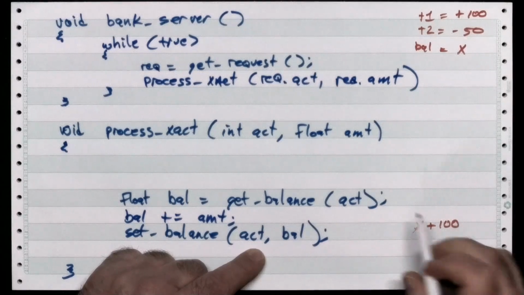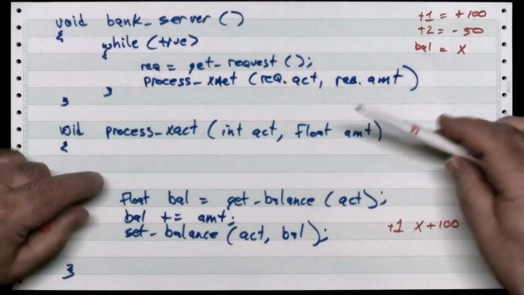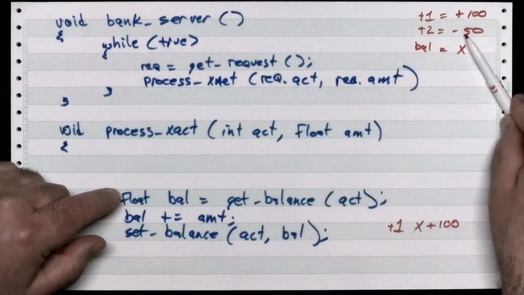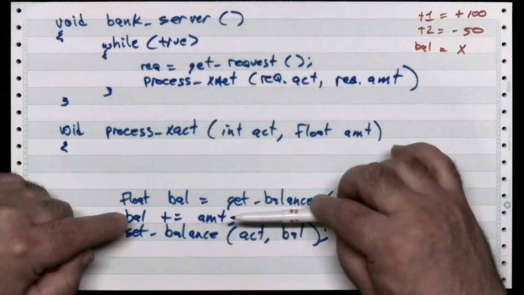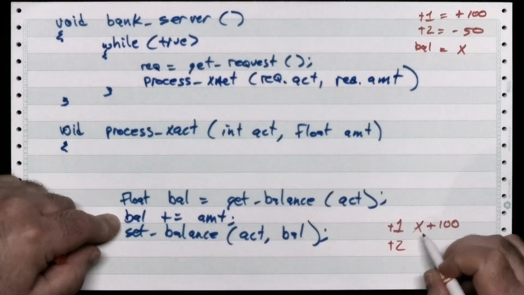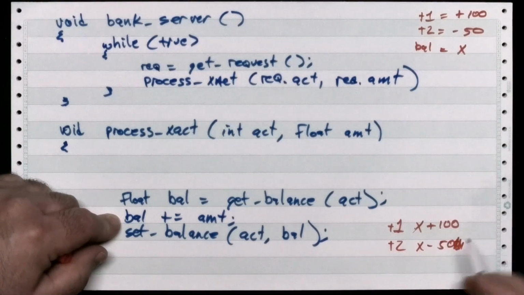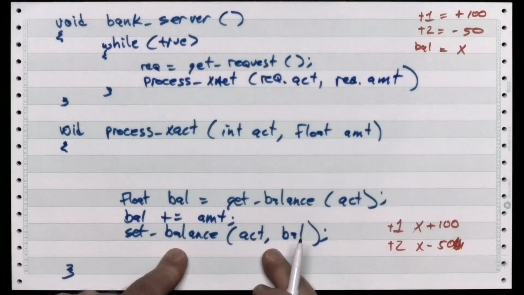Okay, maybe that would be for thread 1, because it gets this request. And because that's happening at the same time, thread 2 is going to get X. It's going to add a negative 50, and thread 2 is going to store X minus 50. Oops. That would even be worse, right? X minus 50 into your account balance.